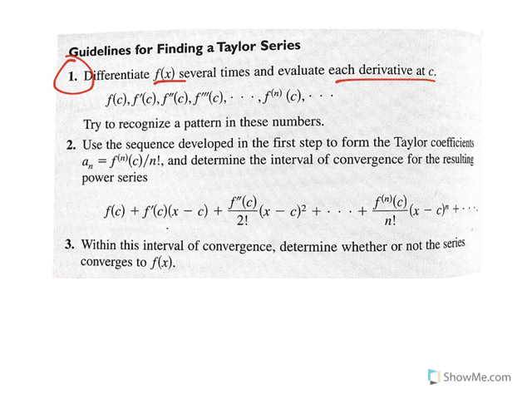So you form a Taylor series from the function, and then you write a rule for the nth term, and then you use the ratio test to determine the interval of convergence, and then you have to use theorem 9.23 to determine whether the series converges to the function from which it was derived. We will not be going over that as a part of today's lesson, and we will also not be looking at the ratio test.